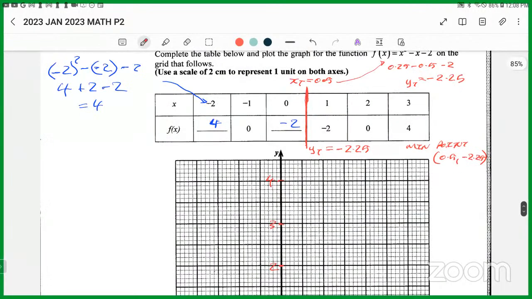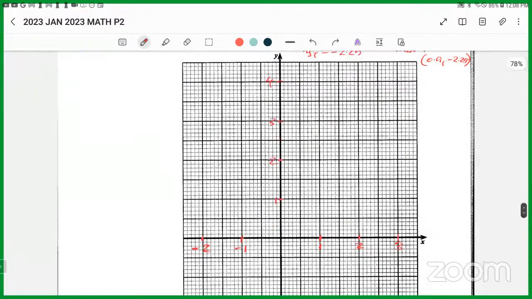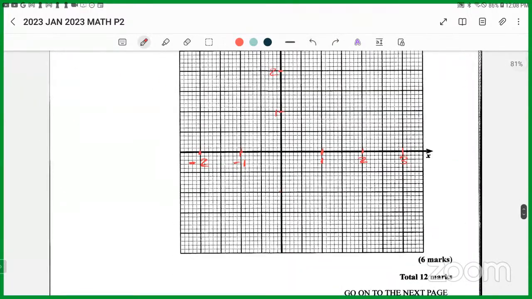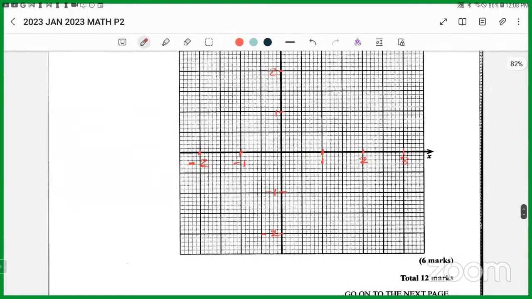Highest value is 4, yes. And the lowest value is -2, actually -2.25. So we're going to go 1, -1, -2. All right, let's put in the values.